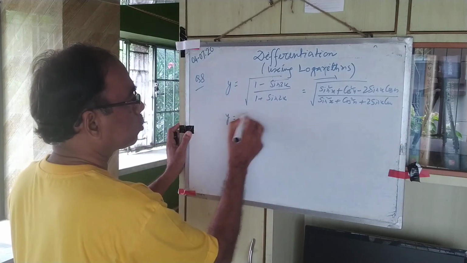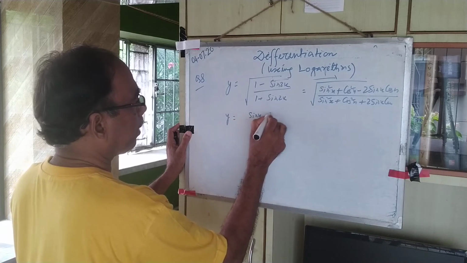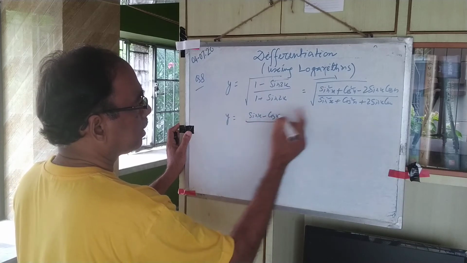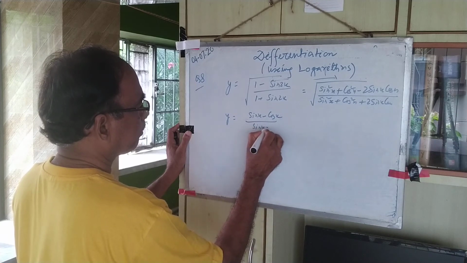Then y equals the square root of (sin x minus cos x) whole square over (sin x plus cos x) whole square, that is sin x minus cos x over sin x plus cos x.